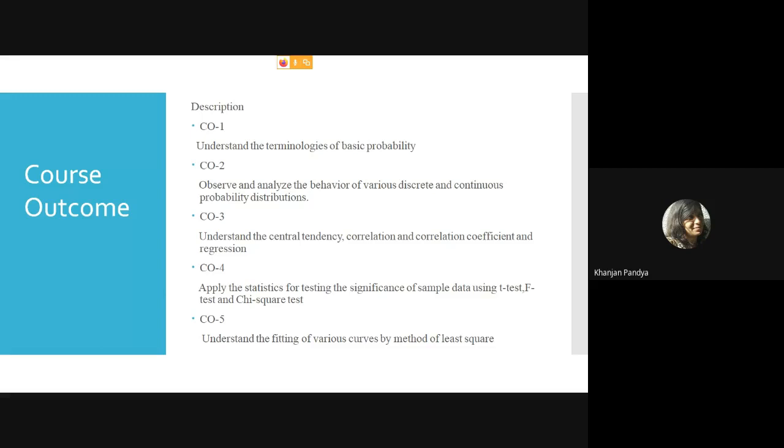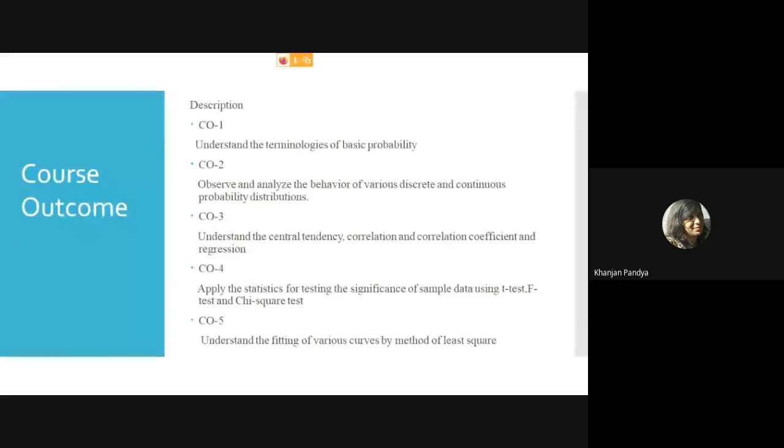For unit 2, we are having CO2: observe and analyze the behavior of various discrete and continuous probability distributions. So we are having actually 2 types of probability, discrete and continuous, and I'll be explaining in the lecture what a discrete random variable is and what a continuous random variable is.